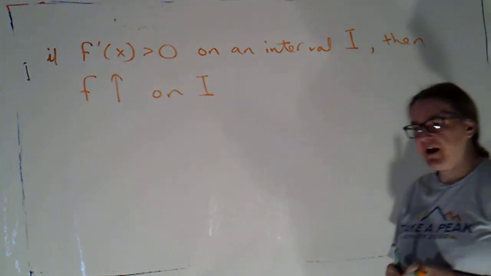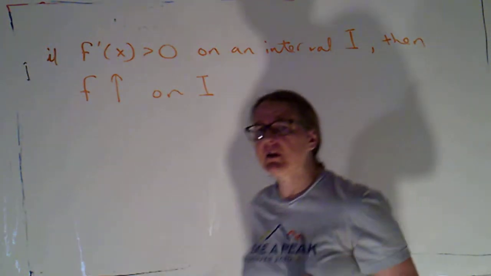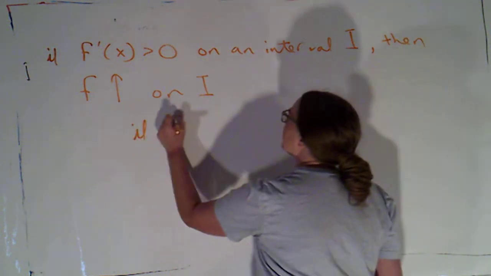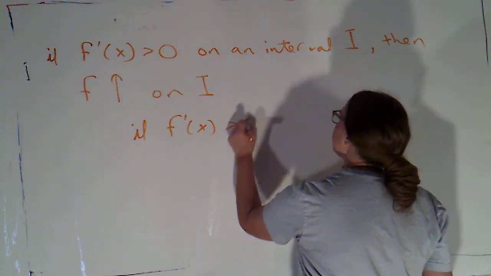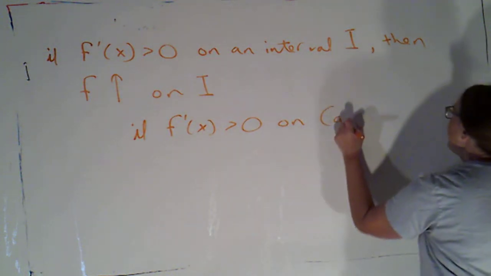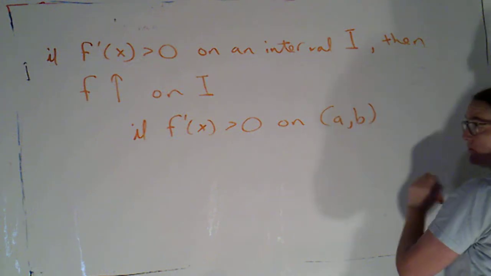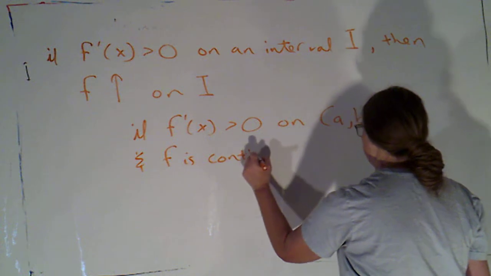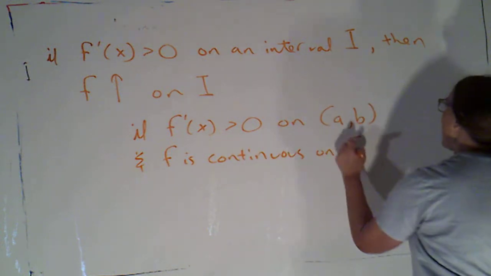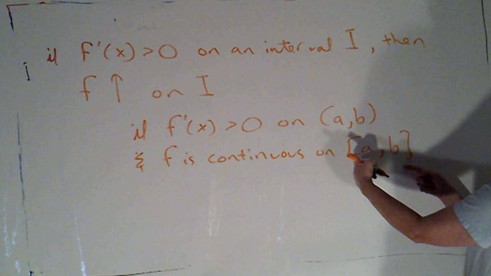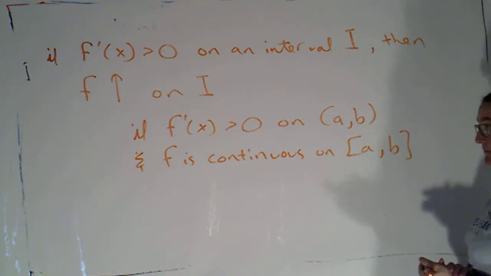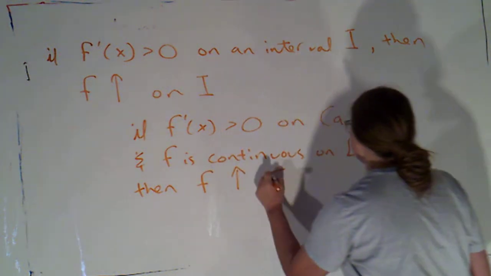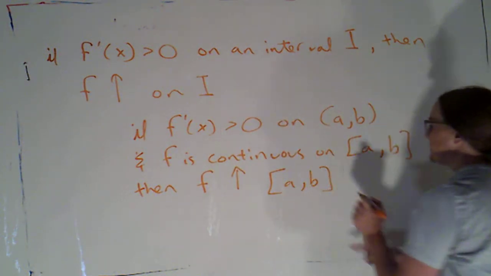But there is one fine detail that your book doesn't really mention a whole lot, but I think it's important, so I'm going to throw it in. If f prime of x is bigger than 0 on an open interval that doesn't include the endpoints, and f is continuous on the closed interval that does include the endpoints, then I can say f is actually increasing on the closed interval from a to b.